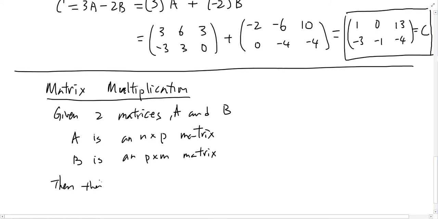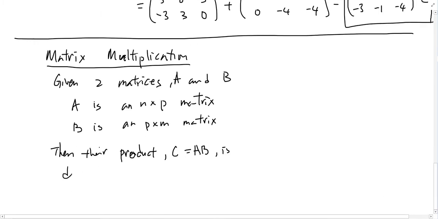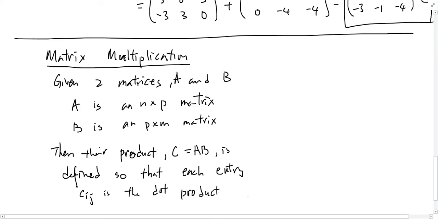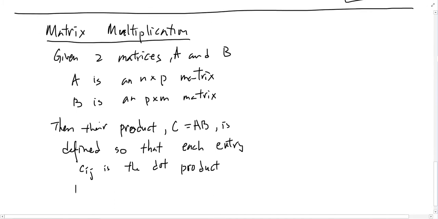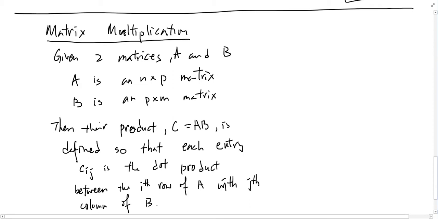Then, the product, let's say matrix C, which is equal to A times B, is defined by the following: each entry inside C, which will be defined as C sub ij, is the dot product between the ith row of A with the jth column of B.